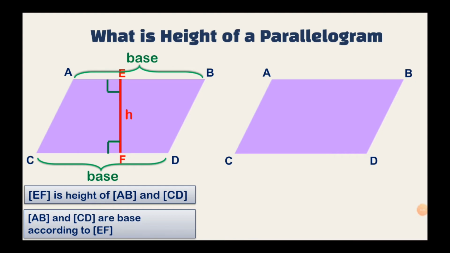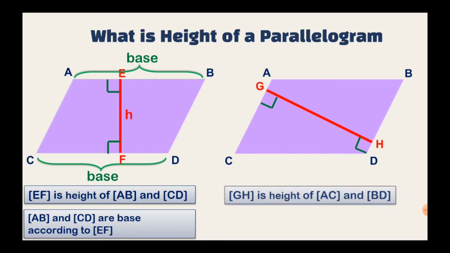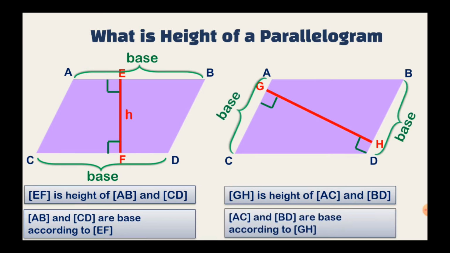Again, I draw a line segment from AC to BD, which is perpendicular to AC and BD. So, this line segment is the height of AC and BD. And again, AC and BD are perpendicular to height GH. So, these are bases according to height GH.